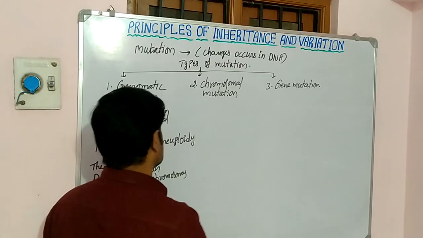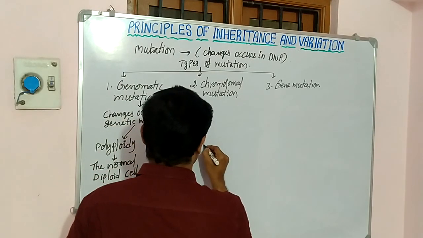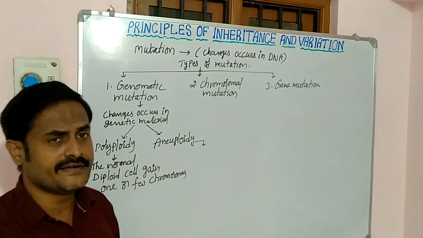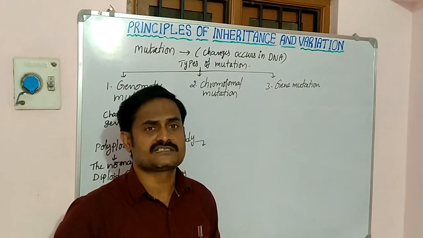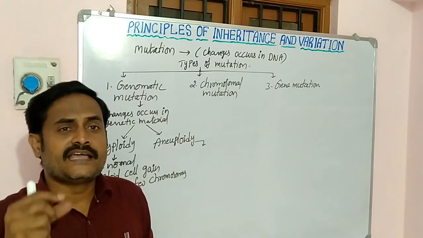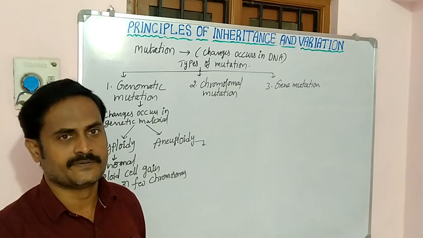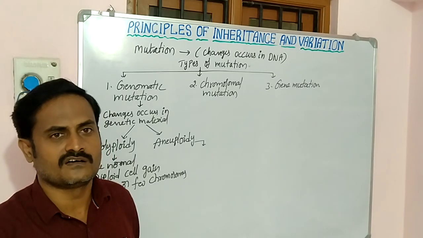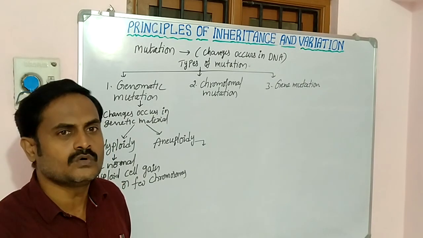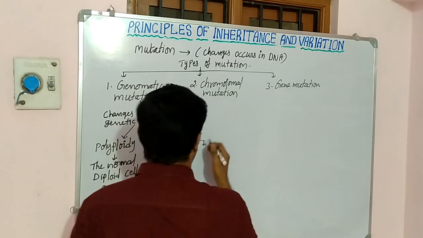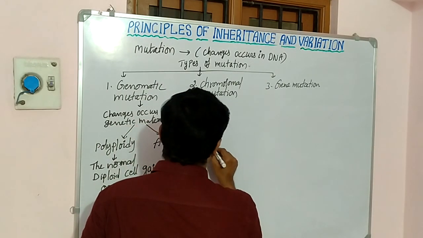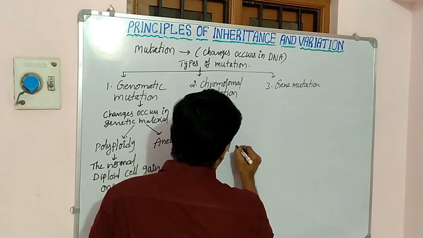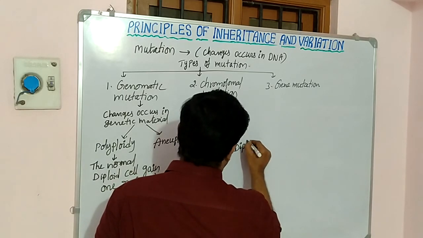But what about aneuploidy? Aneuploidy means the normal diploid cell gains or loses, remember, gains or loses one or few chromosomes.